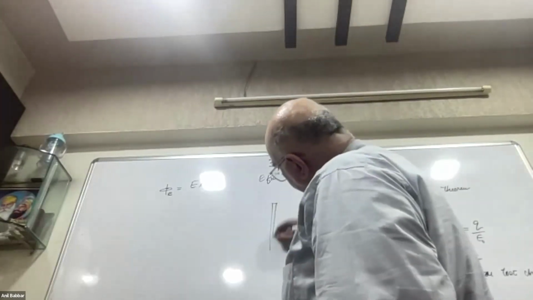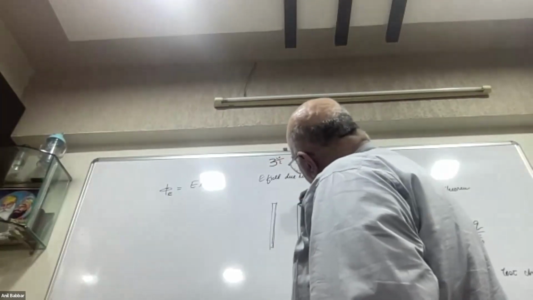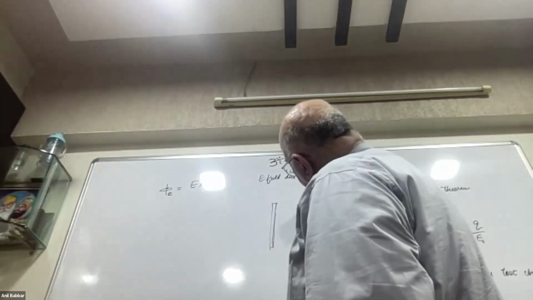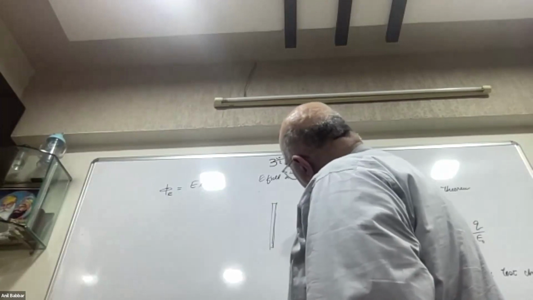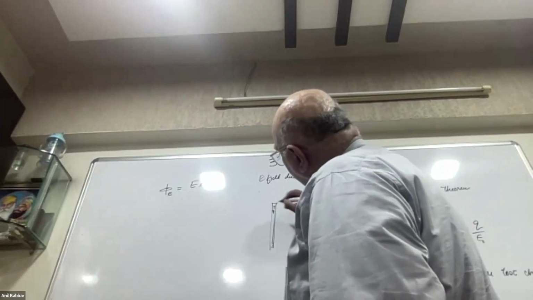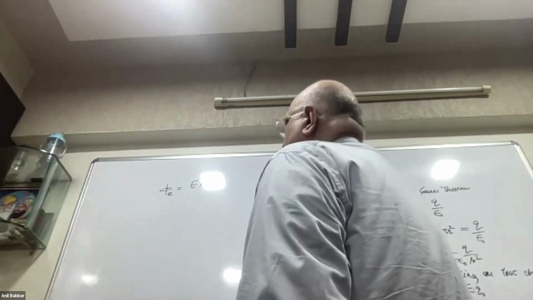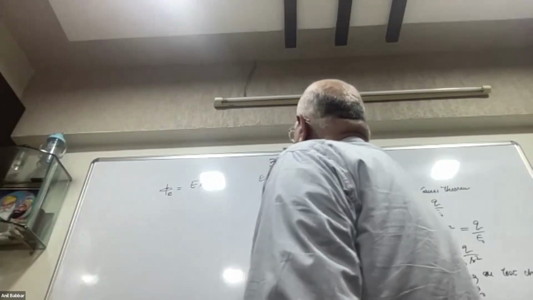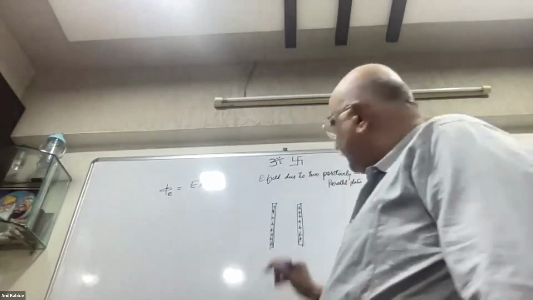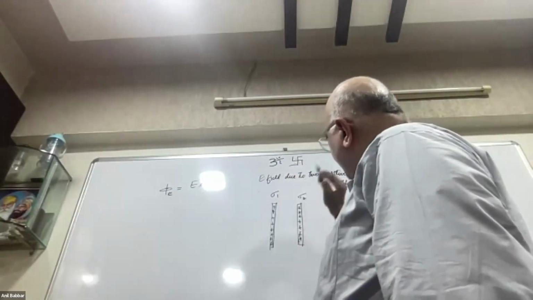Let's draw the diagram for this first of all. Here is sheet number 1, with positive charge. Parallel to this, another sheet is placed, so this is plus, plus, plus. It has surface charge density, say sigma 1, and let this be sigma 2.